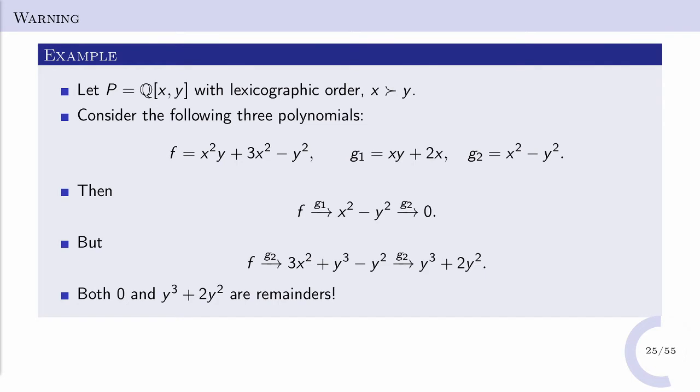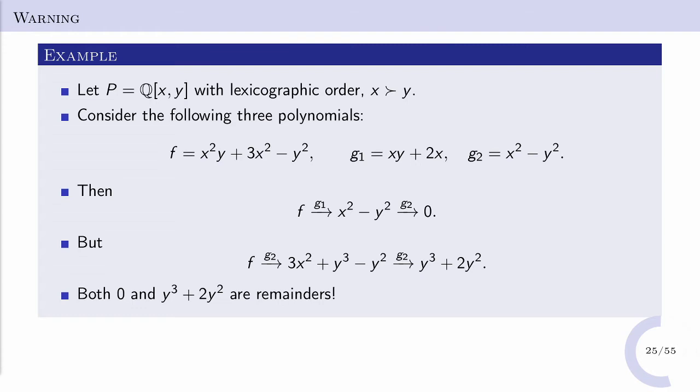So we have these three polynomials. We have lexicographical order again, x before y. And we have such a polynomial f, and two polynomials g1 and g2. And we wish to compute the remainder of f modulo g1 and g2.